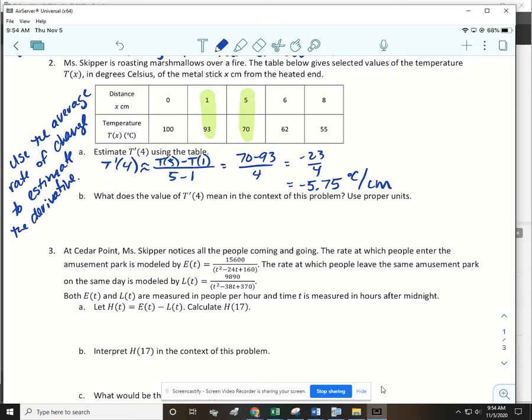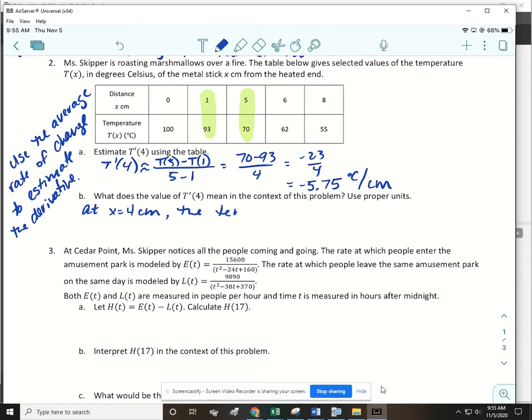And then it asks us, what does the value of T prime of 4 mean in the context of this problem? So we're going to say at, and then remember this is a specific moment. That moment is when x is 4 centimeters, or the distance is 4 centimeters from the end of the stick.